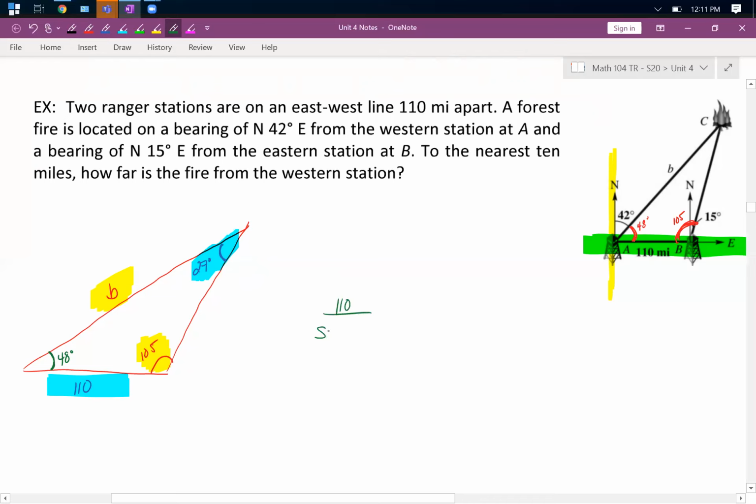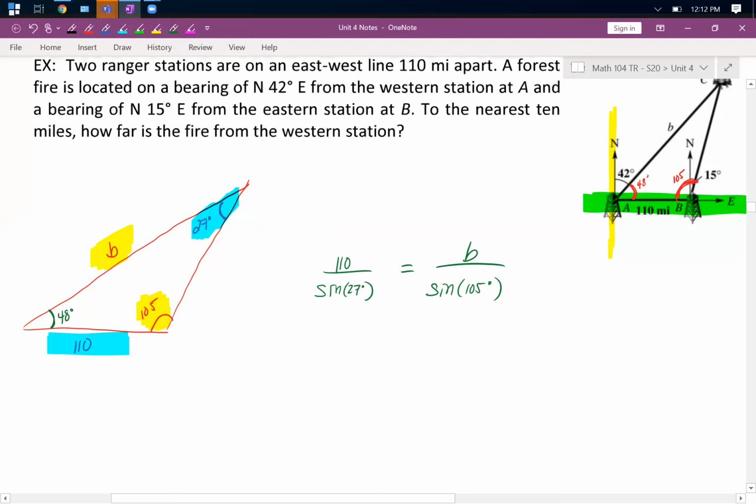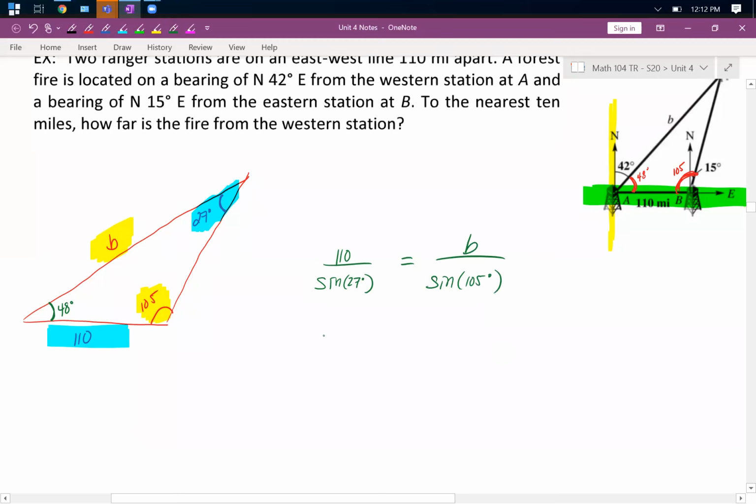110 miles over sine of 27 degrees is going to be equal to b over sine of 105 degrees. We can cross multiply and divide, or you can just multiply both sides by sine of 105.